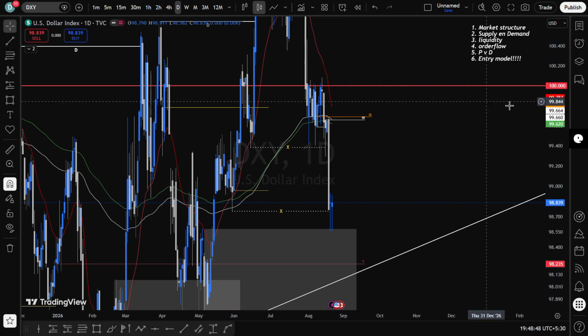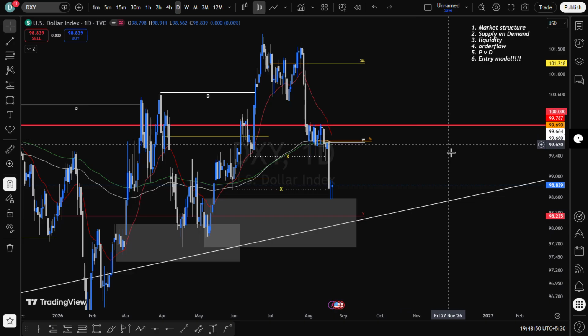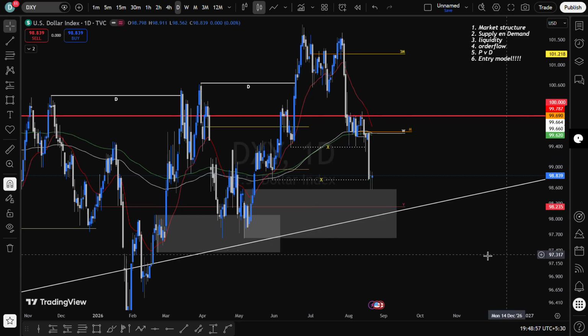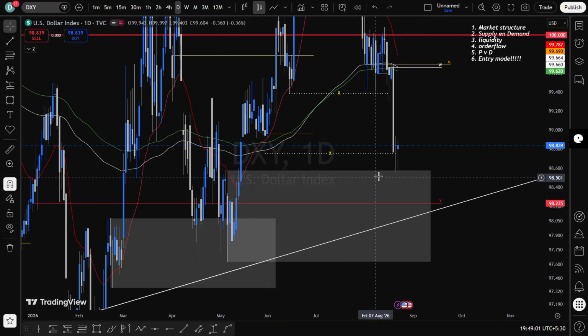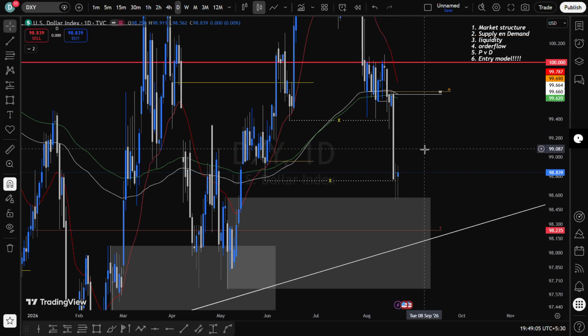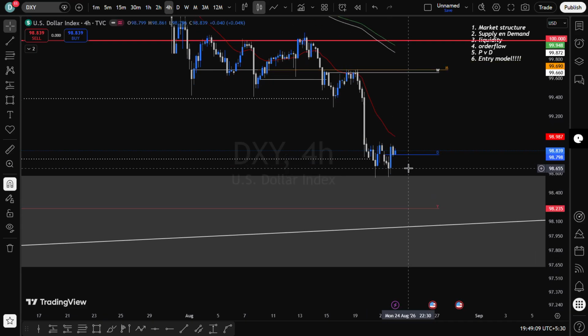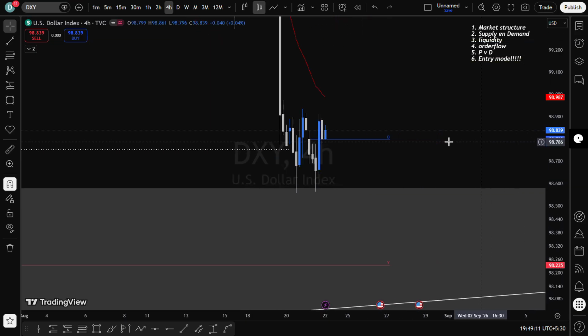From here we can eye a trade, and it has also taken this liquidity from here, and we can also see there is one demand here. So it tapped on this demand and took the liquidity. Now we can say it will go upside, but we have one problem here.